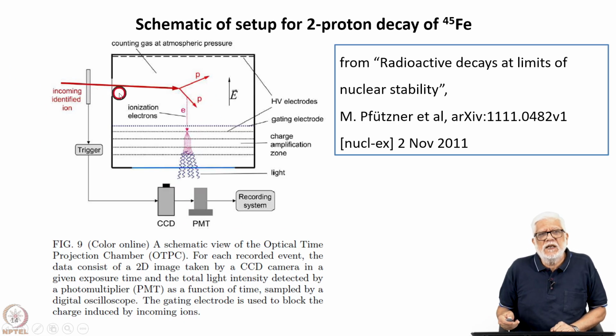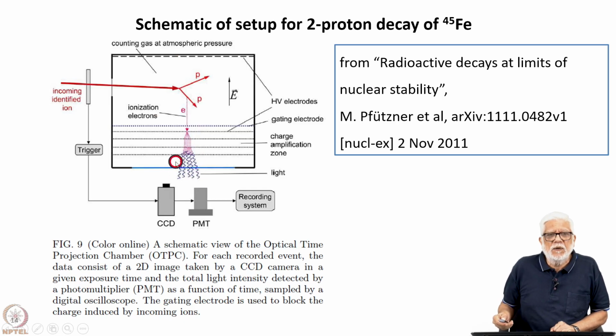So, the incoming ion came in from, let us say, a mass separator, then it stopped in this ionization chamber. It led to ionization, which of course got multiplied, and so you got a fairly large signal, and the multiplied electrons also cause ionization and excitation of atomic levels.